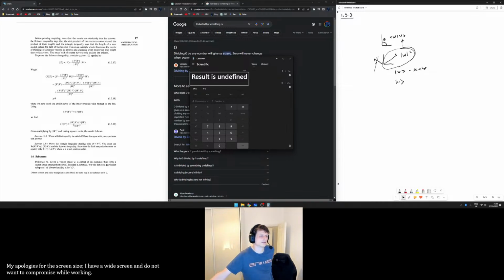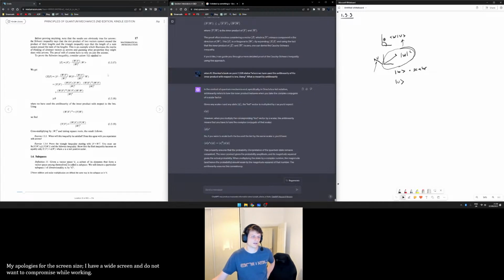Cross multiplying by W squared and taking square roots, the result follows. So here's the cross multiplying. Well, maybe not actually. What is this trying to say? When will this inequality be satisfied?